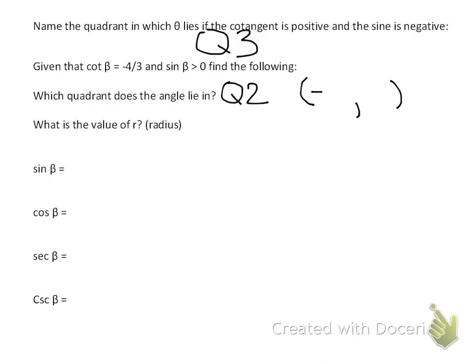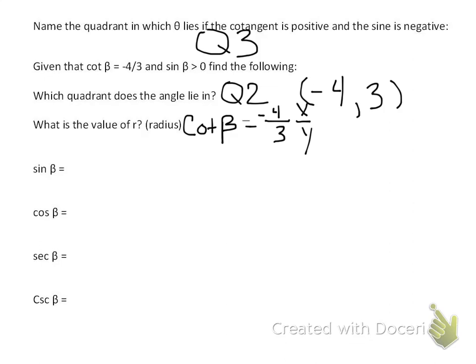So here when we have cotangent of beta equals negative 4/3. What is the ratio for cotangent? From like 3 slides ago. So that means x is negative 4 and y is 3.